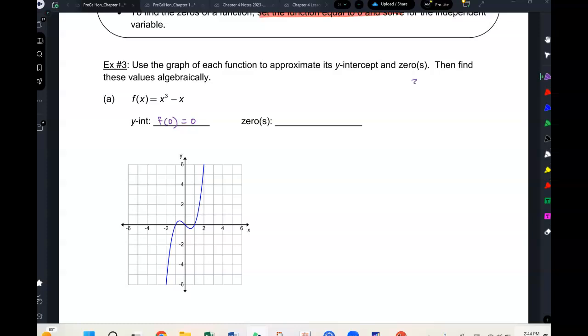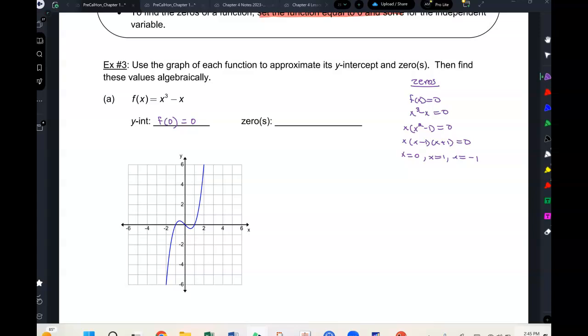Now, for the zeros, you're actually going to set f of x equal to 0. Now, f of x is x cubed minus x. Factor out an x. This is all algebra 2. So x is 0, x is 1, x is -1.